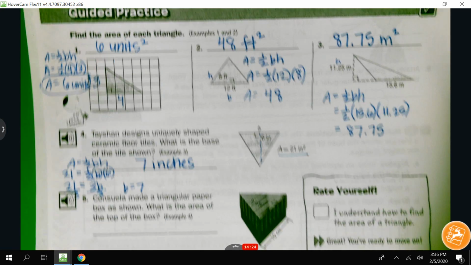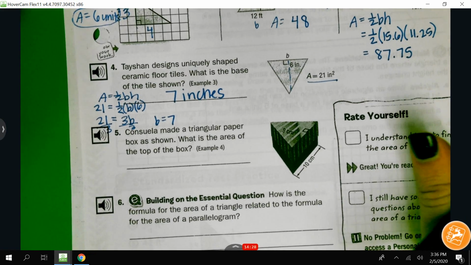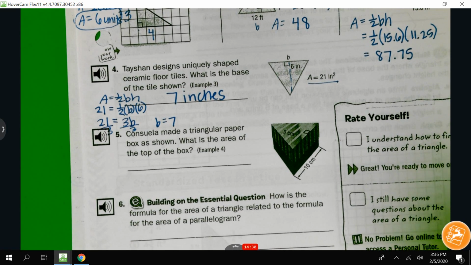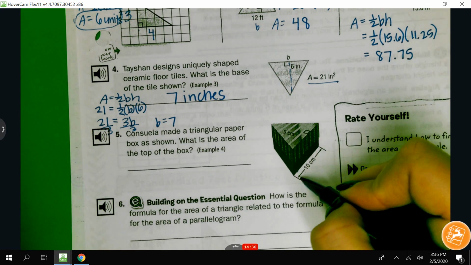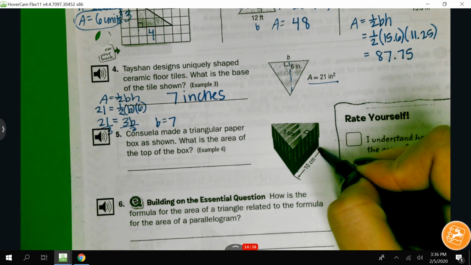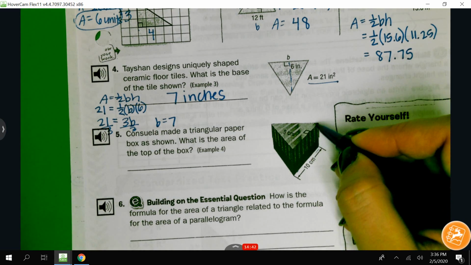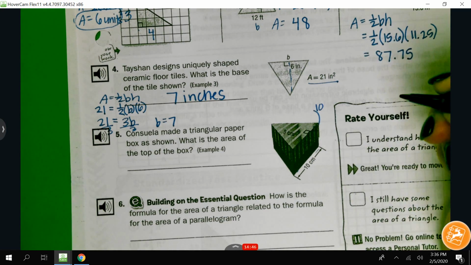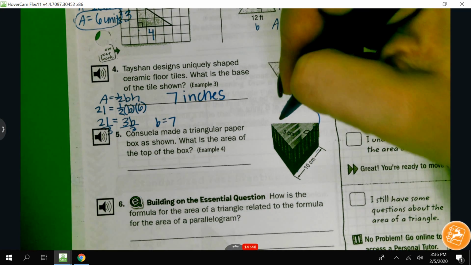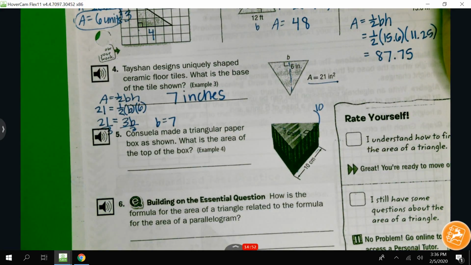And last, problem number 5. Consuela made a triangular paper box as shown. What's the area of the top of the box? Alright, so this base, this 10 centimeters, is the base of the back of the box, but that's still the base of the front of the box where we're looking at. So your base is still 10. Your height is this 9 centimeters that they're talking about in the middle of that triangle.